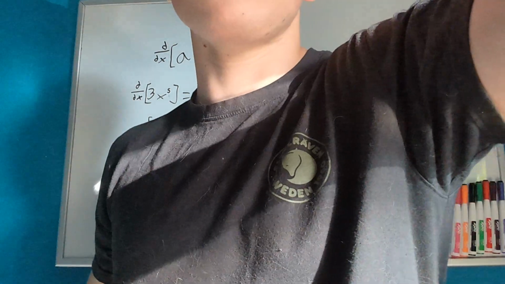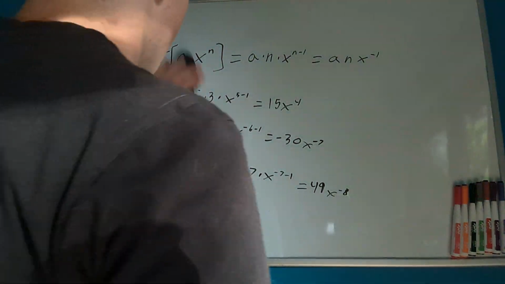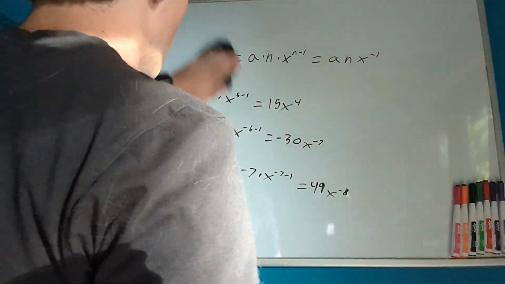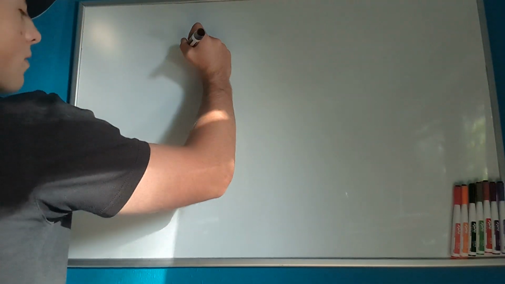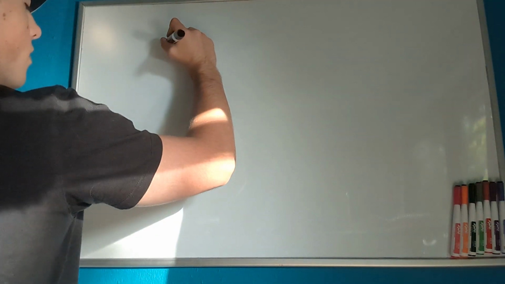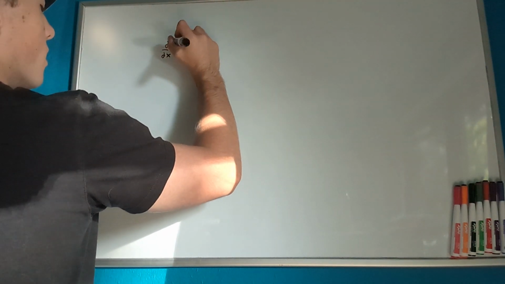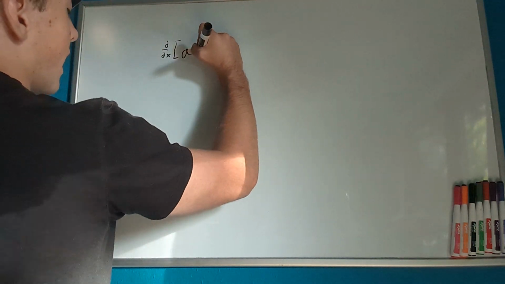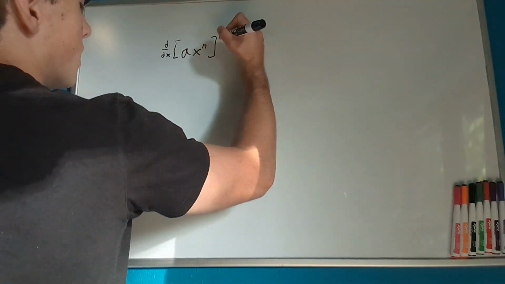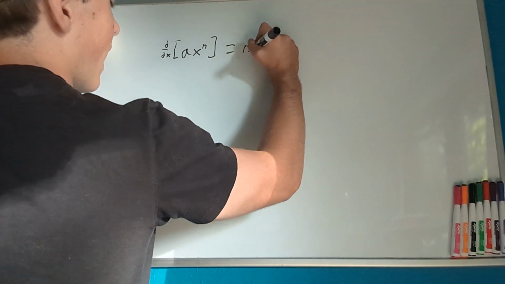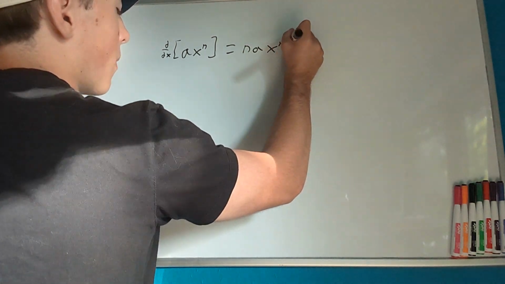Okay, let's erase this real quick. I want to give you guys a few extra problems. So let me rewrite this: the derivative of a x to the n equals n a x to the n minus 1.